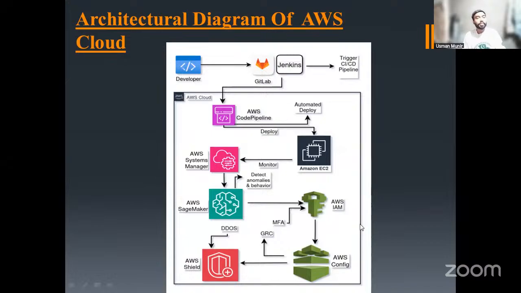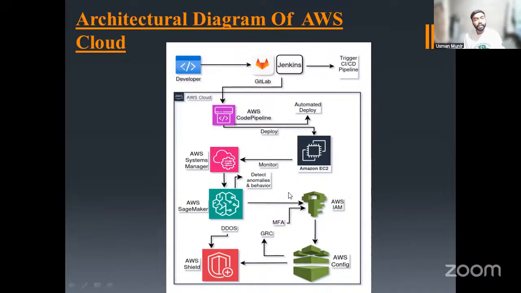So here is the architecture diagram of AWS Cloud. When a developer writes code, GitLab CI and Jenkins trigger CI/CD pipelines to control, build and test the code, and AWS CodePipeline deploys the code on Amazon EC2 instances. AWS Systems Manager monitors this code, and AWS SageMaker detects any anomaly and behavior.